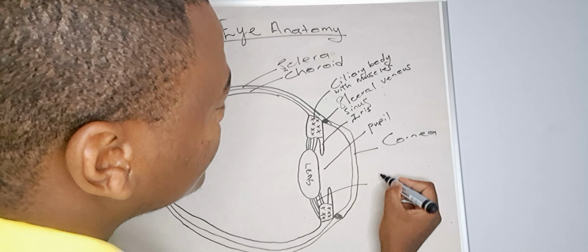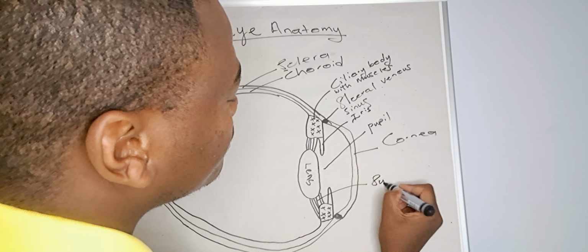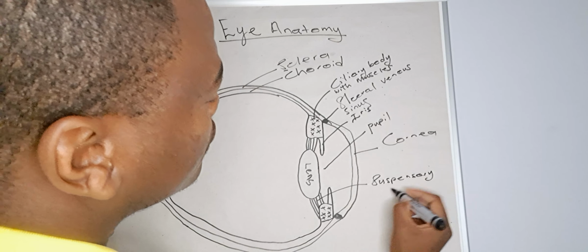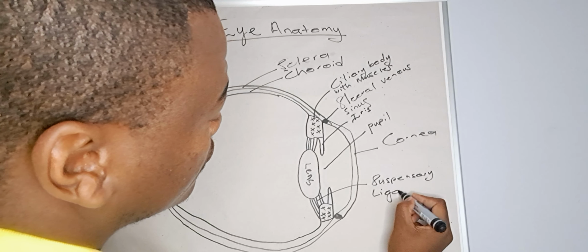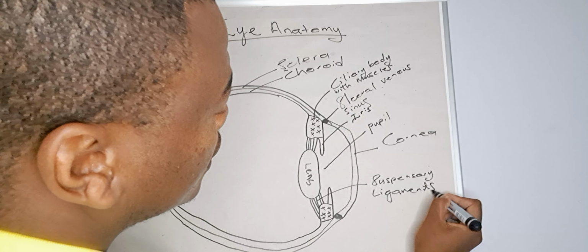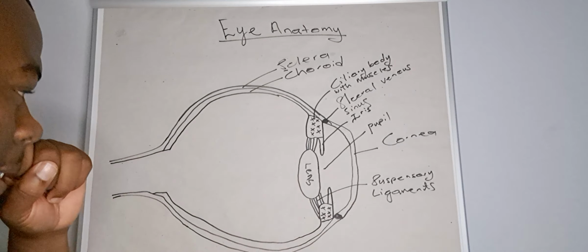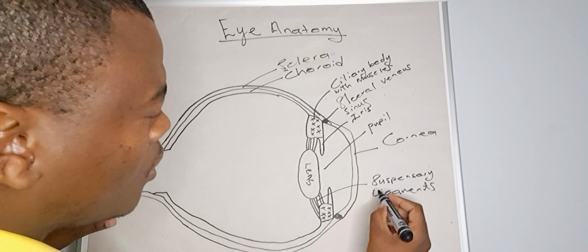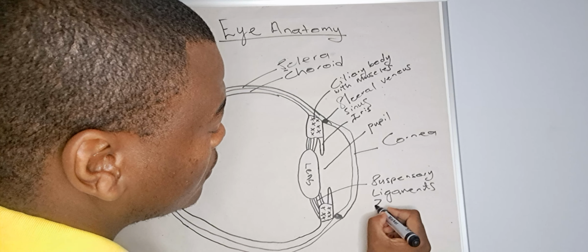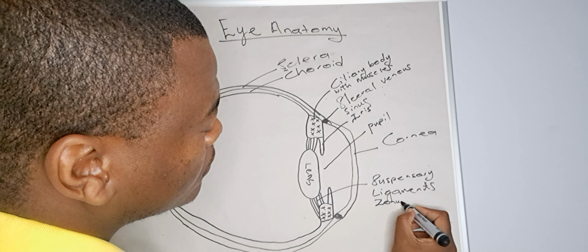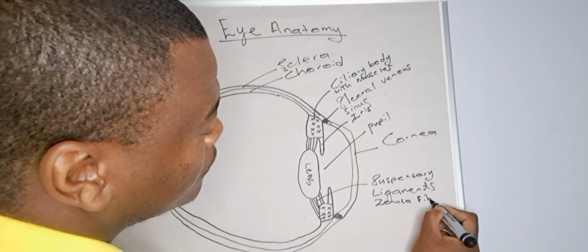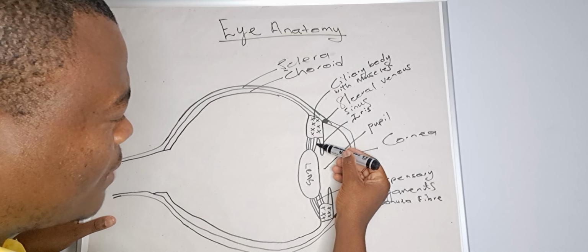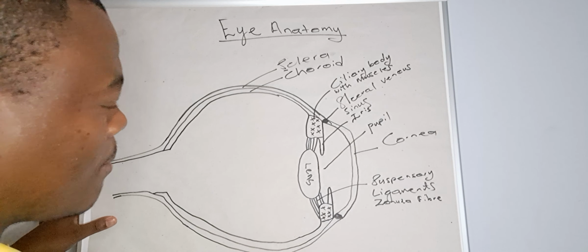These will be your suspensory ligaments, made of what we call zonular fibers. This is where they are coming from. Again, be precise. This is your suspensory ligaments.